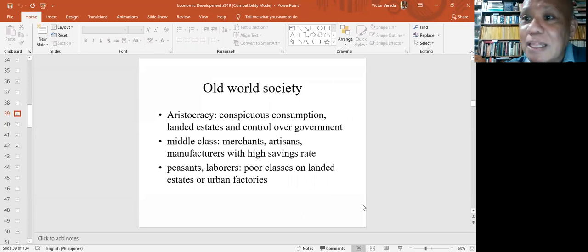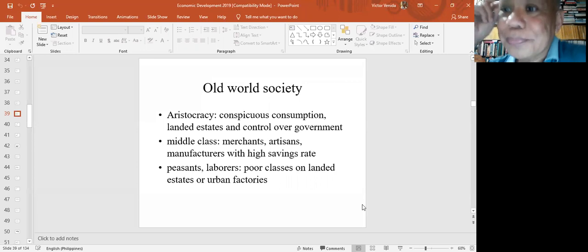So with these middle classes becoming the dominant class in society, okay, with their control over government, they were able to get government to start to spend on expanding the transport system and start setting up the elementary education system.